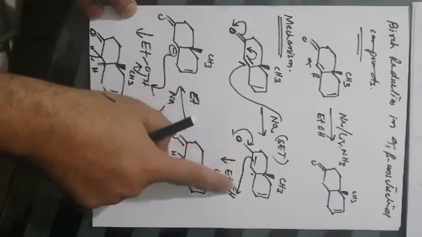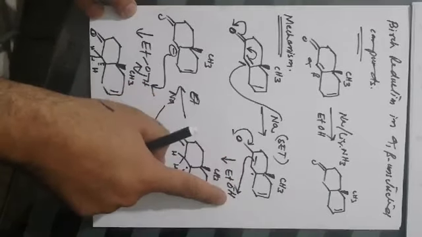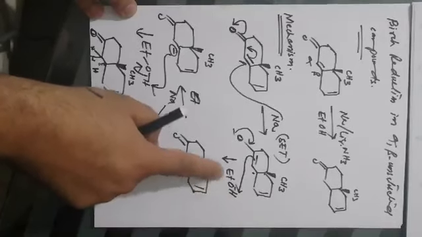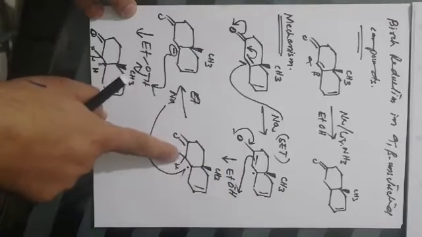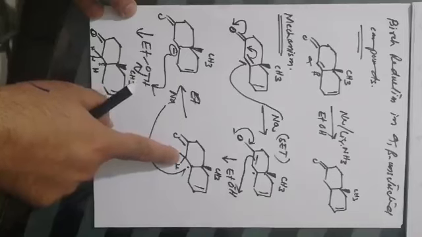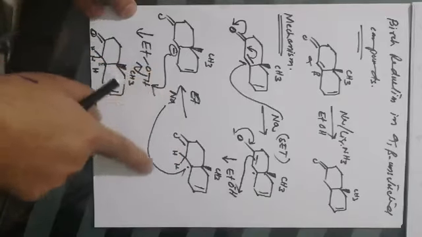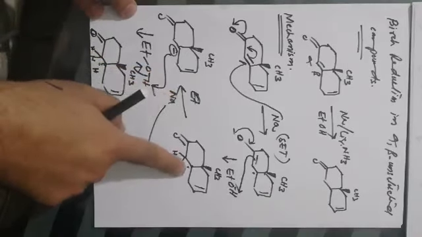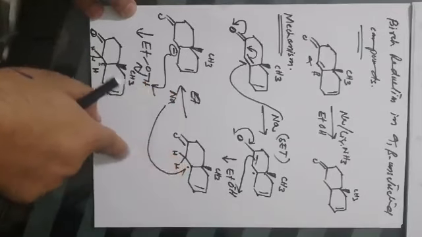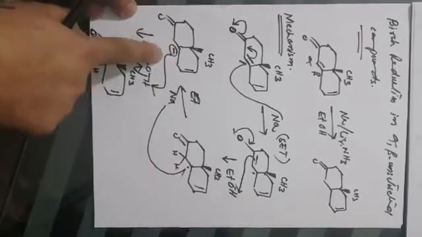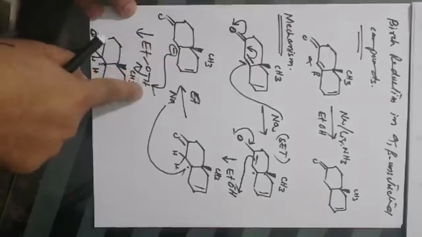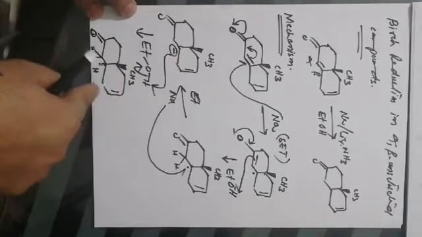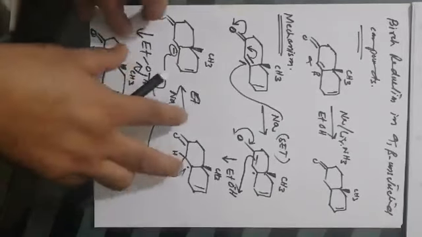It will abstract hydrogen from the solvent, ethoxide will leave and hydrogen will be added here. In the next step, again there will be single electron transfer here. It will get negative charge, it will abstract hydrogen, and finally you will get this ketone.